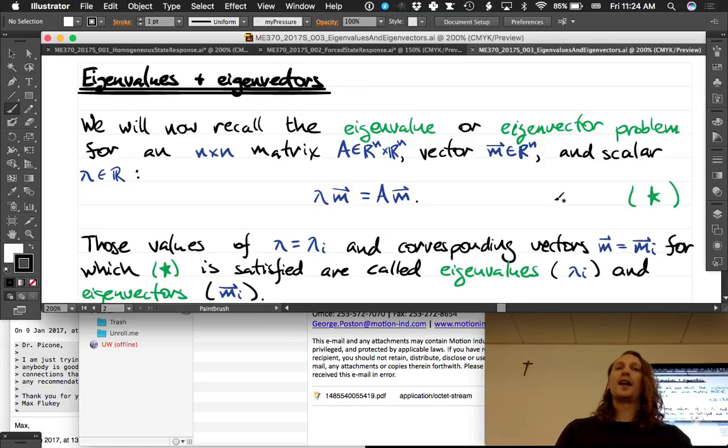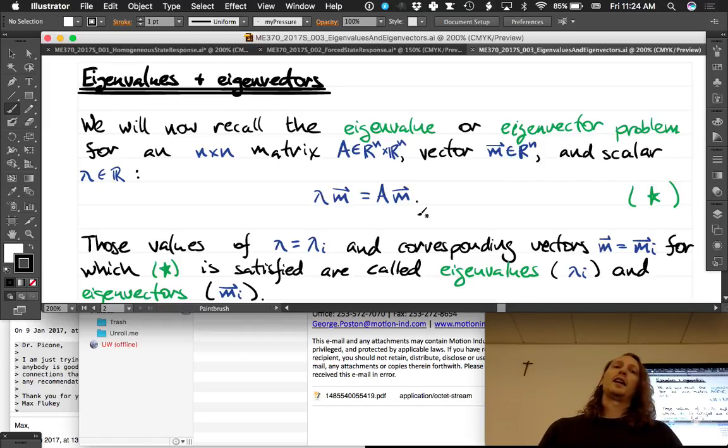For an n by n matrix A, okay, so you have a matrix A and a vector m and a scalar lambda, this is the eigenvalue eigenvector problem.